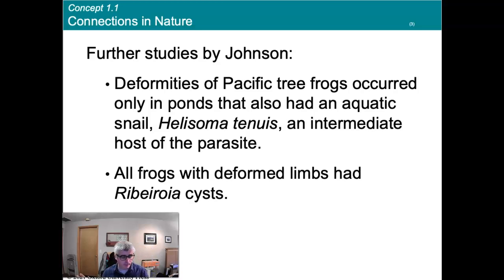Now we're starting to make sense of it: the physical impact of Ribeiroia can cause multiple limbs, and we see frogs with multiple limbs or limb deformity in ponds that have the intermediate host, the snail, and all of the deformed frogs also have Ribeiroia cysts, the metacercariae, which I think have a silica coating, this hard coating around them, so they can survive for a very long time as well.